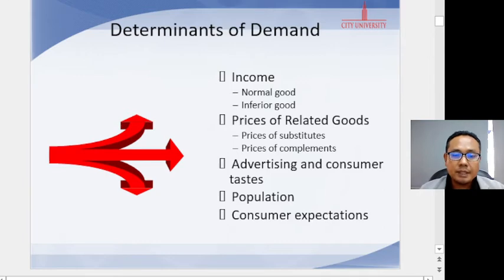A good whose demand increases, that means shifts to the right, when income rises is called a normal good. Normal goods may include goods such as steak, airline travel, designer jeans. As income goes up, consumers typically buy more of these goods at any price. Conversely, when consumers suffer a decline in income, the demand for a normal good will decrease, that means shift to the left.